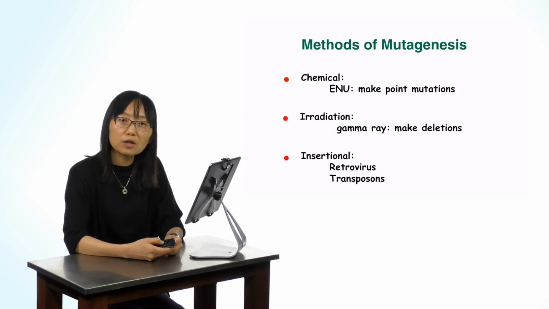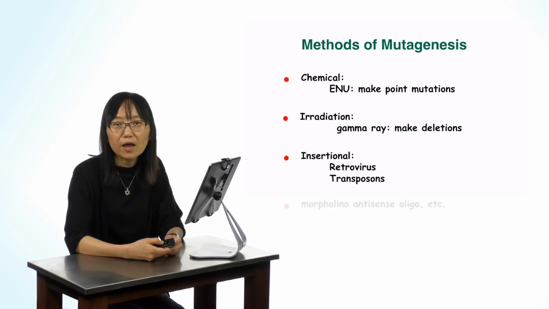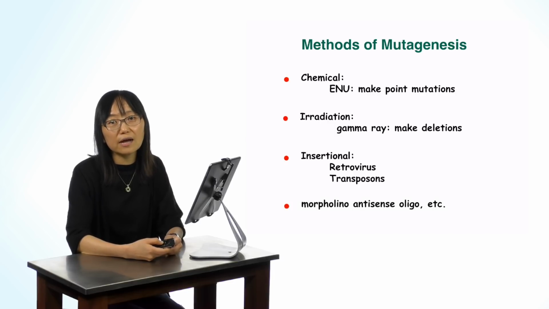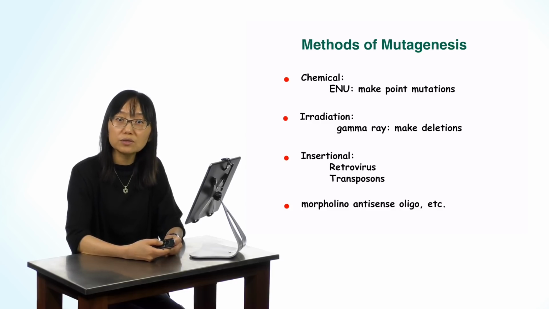Furthermore, with the new molecular tools and the completely sequenced genome, you can systematically knock down or knock out genes by morpholino-modified antisense oligonucleotides or CRISPR-based genome editing technology.